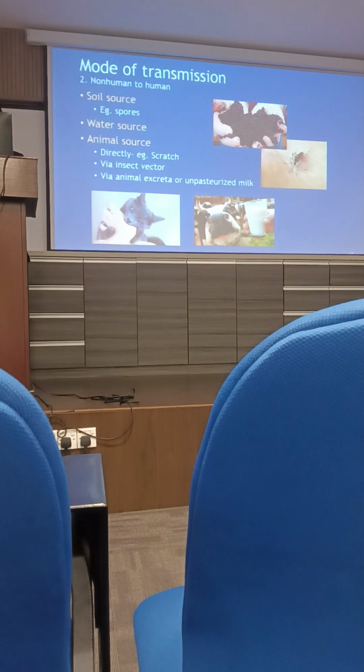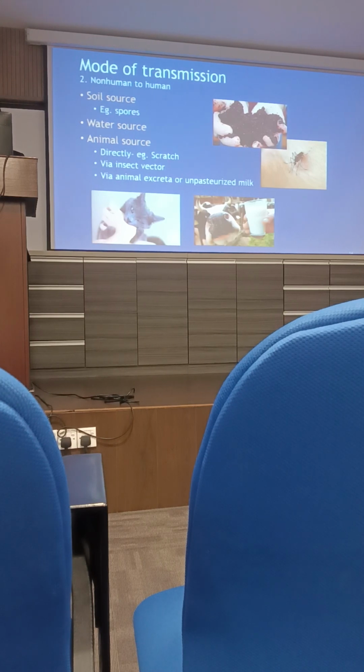Next, from non-human to human, for example, soil. The soil may contain a lot of bacterial spores. We mentioned spores in our last lecture, right? So it is through trauma, during accidents and so on, or sometimes during gardening, some bacteria, or even fungi, can be transmitted to the person.